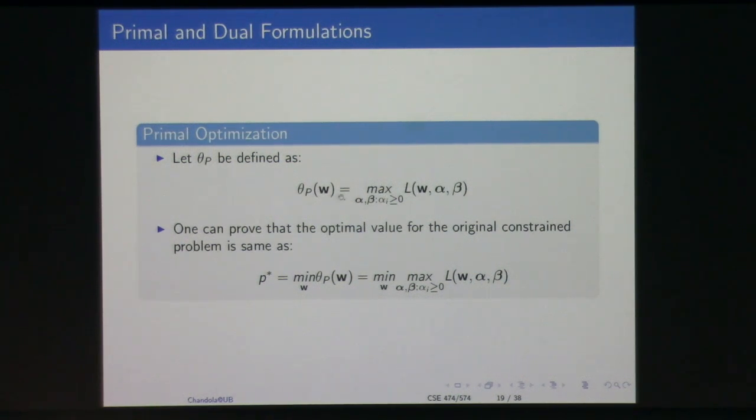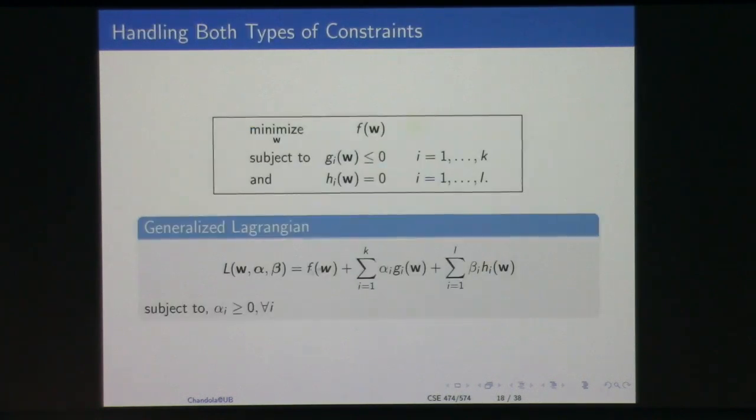So theta p of W is the value that your function takes over all alpha and beta. We have ignored W, and we are saying, over all alpha and beta, with all alpha positive, what is the value of L? And then we try to minimize that over all W. So we first take the max over all alpha beta, and then we minimize that for all W. What I'll show you is that the solution to this, which we denote as P star, will be the same as solving this equation.